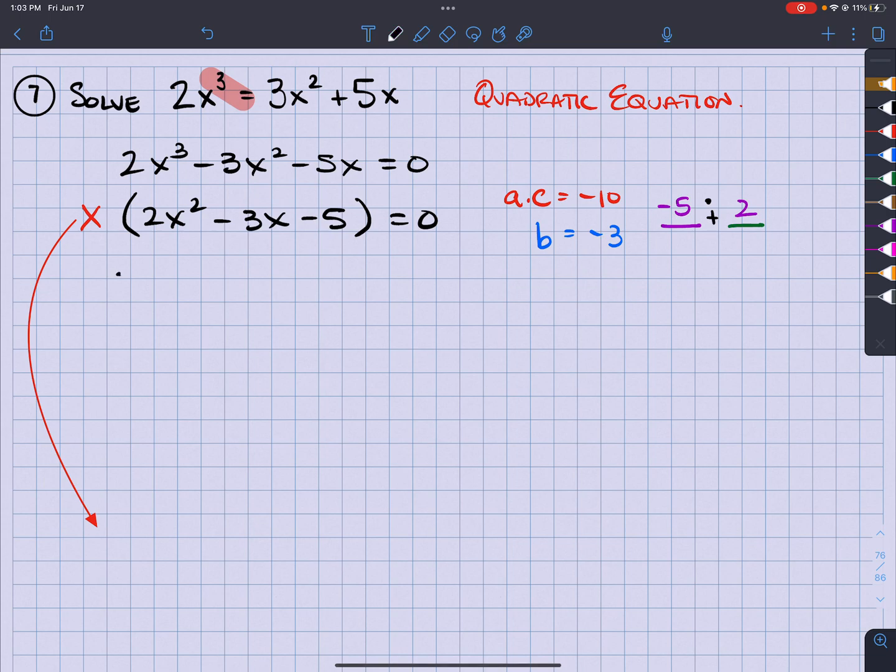So now I got to split the middle term. Minus 5x plus 2x and minus 5 is equal to 0. Split it down the middle.